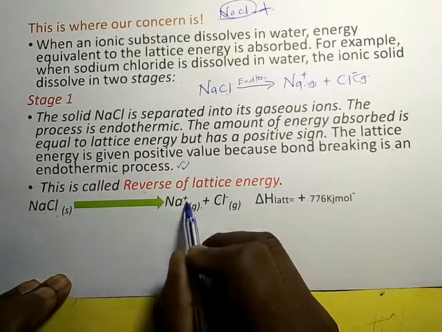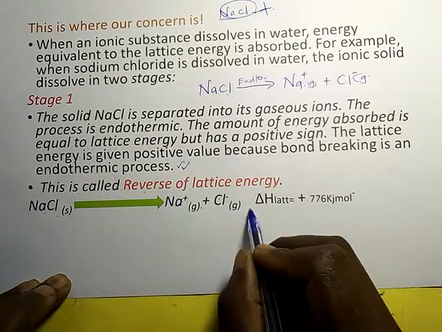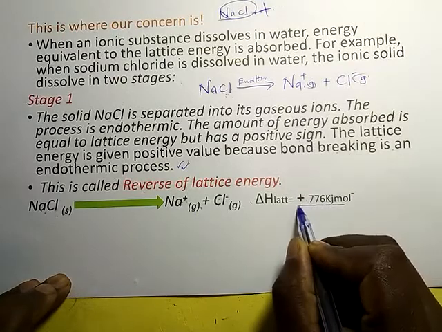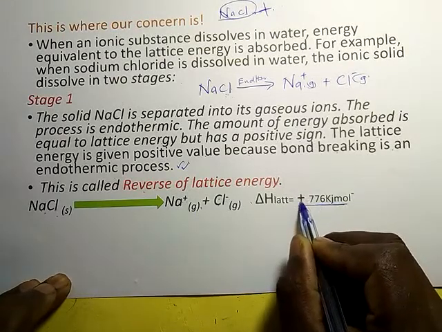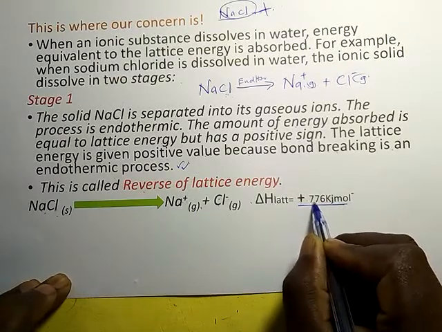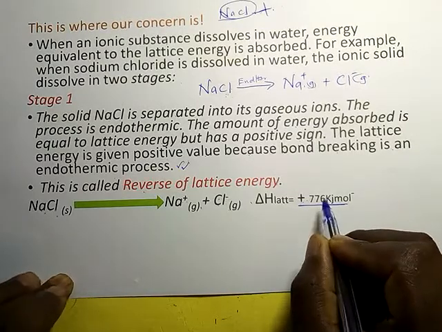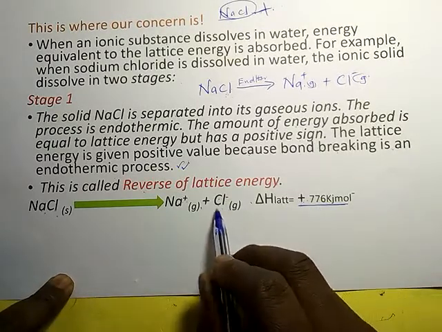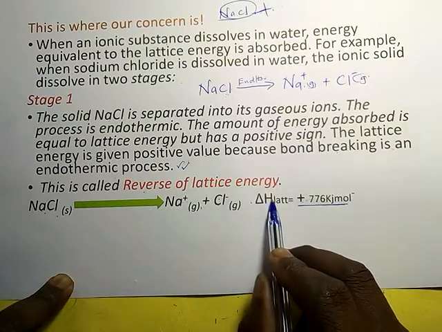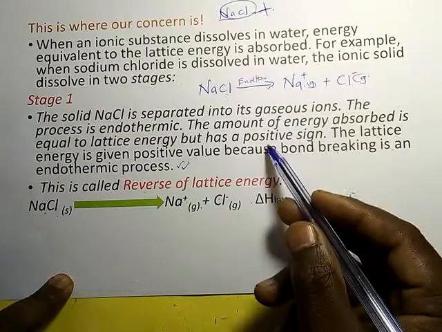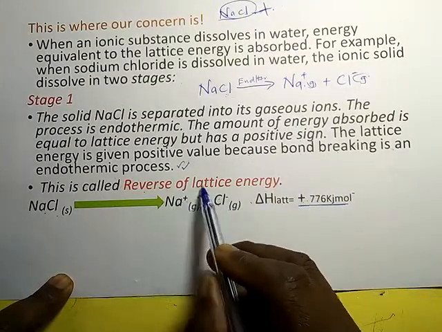So this process is endothermic, and that's why the enthalpy change is positive 776. You realize this is the opposite of the lattice, because lattice is negative and reverse lattice is positive.